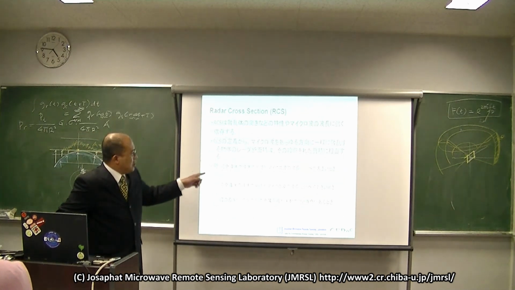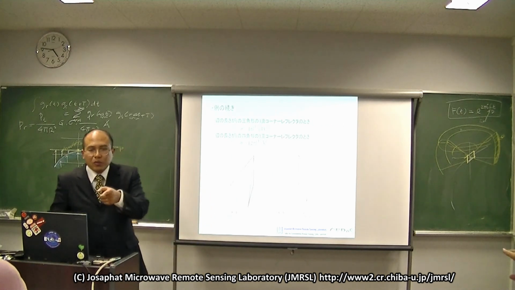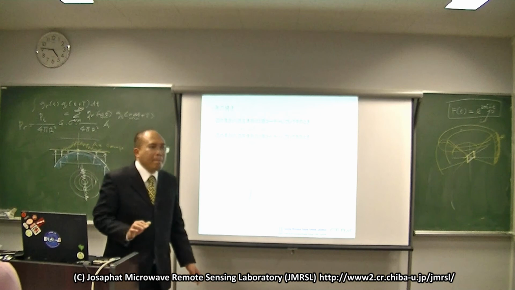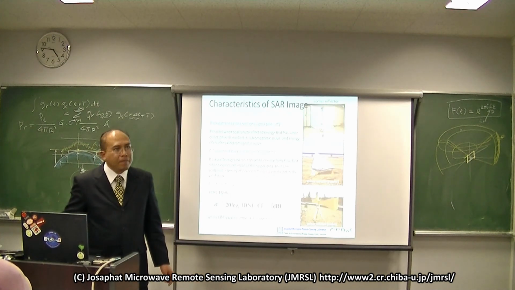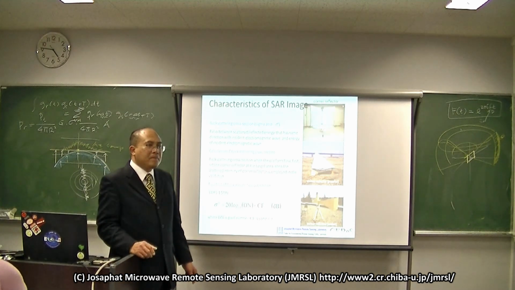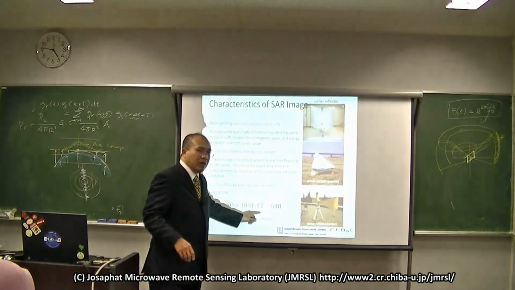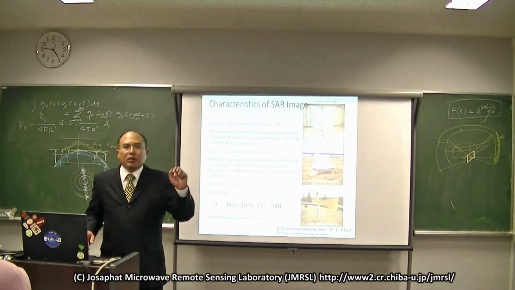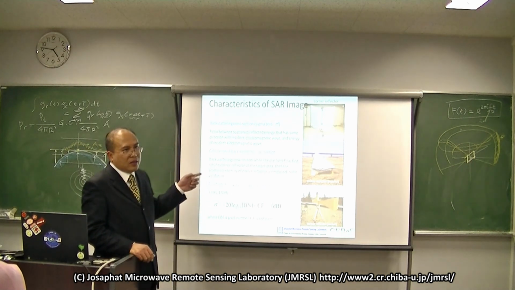I don't want to explain this one. It is hard to calculate. Here you put the sigma naught, the backscattering coefficient.